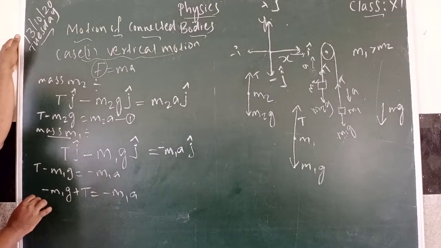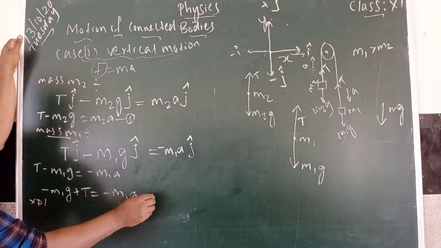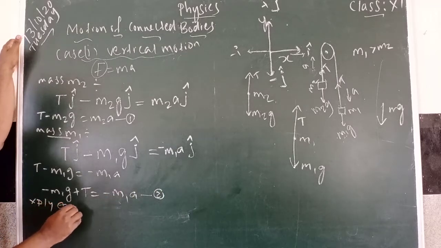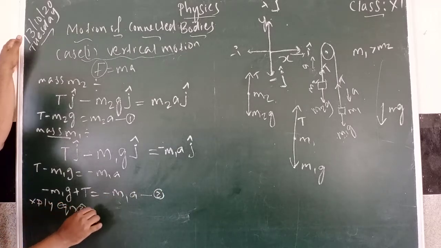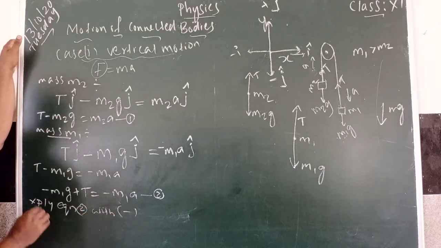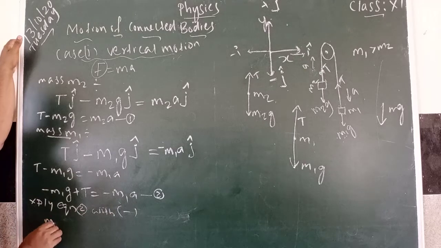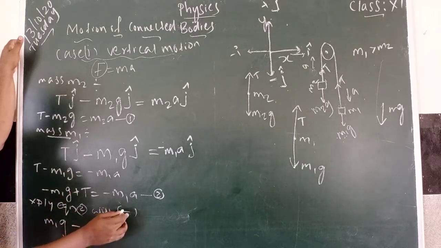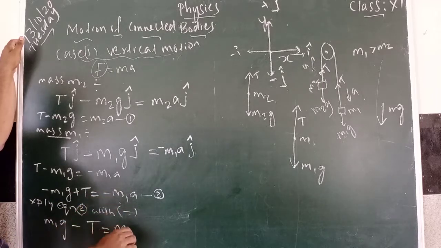So multiply equation 2 with minus. So minus into minus plus M1G. Minus into plus minus, so minus T equal to minus into minus plus M1A.